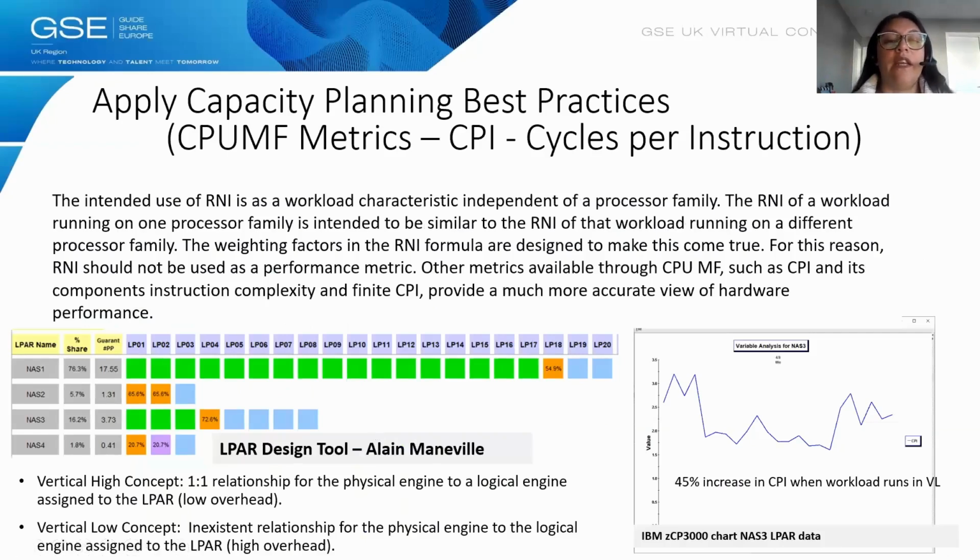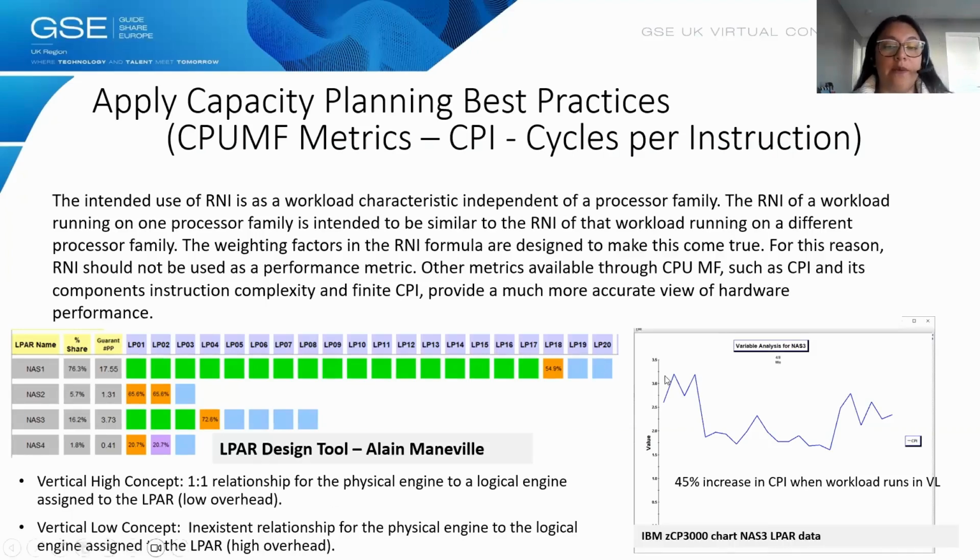So one of the key metrics out of the CPU MF is the cycles per instruction. We talked a little bit about the relative nest intensity and how this is important to classify and understand your workload behavior. But there's a better metric, if you want to call it that, to keep track, which is cycles per instruction, or CPI.